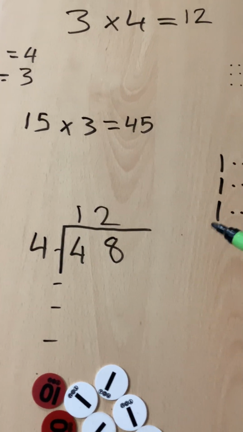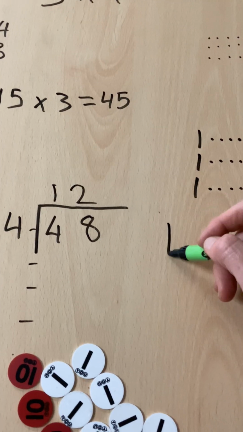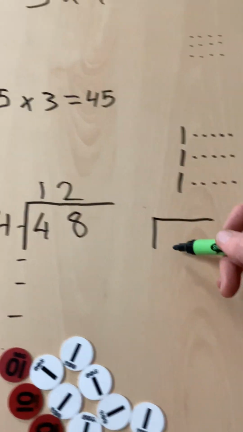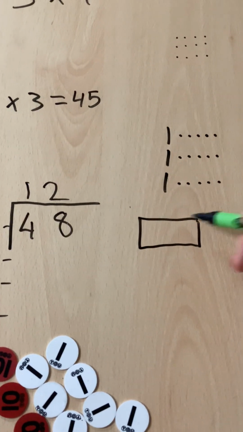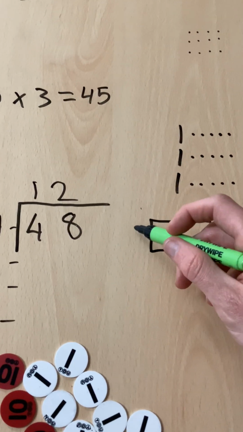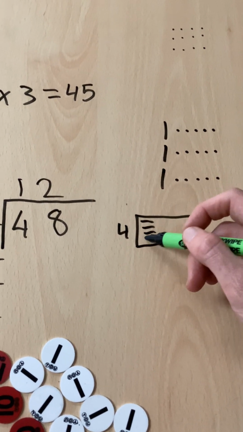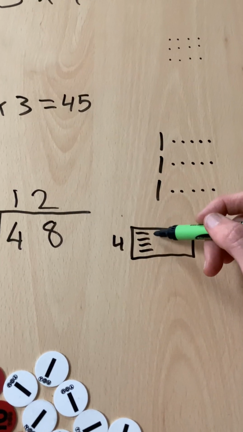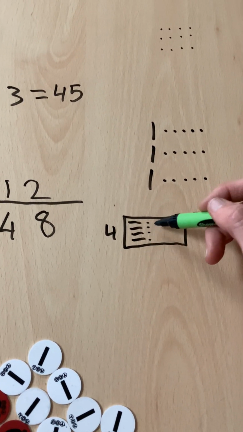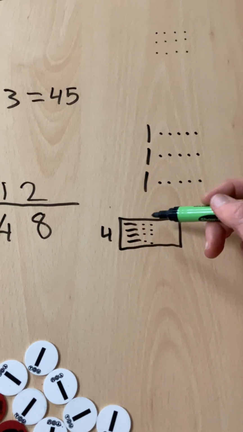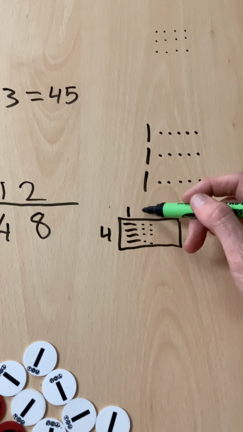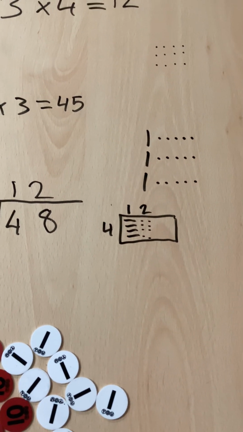The bus stop method is simply part of a rectangle where you would hide your array inside it. 1 ten and 2 ones.